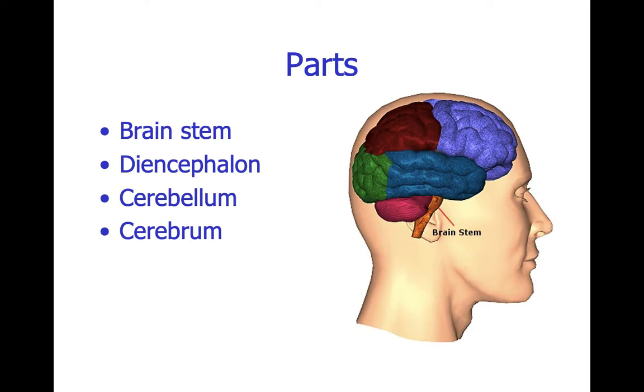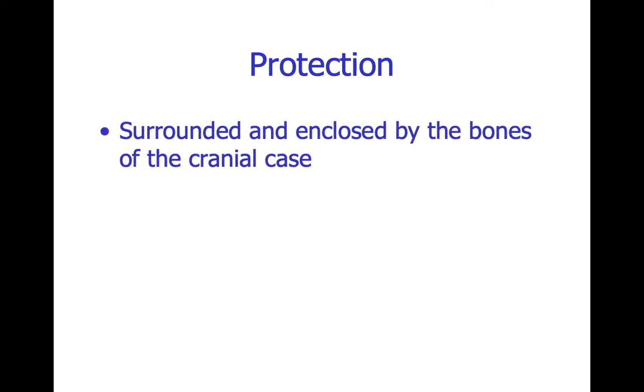Now, when we go through our different areas of the brain, you'll see that that's not entirely correct, that there are other very important sections to the brain that may not allow us to think or feel, but they certainly keep us alive.